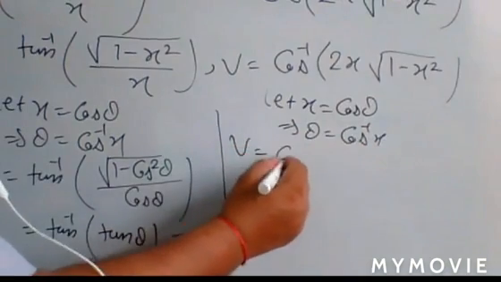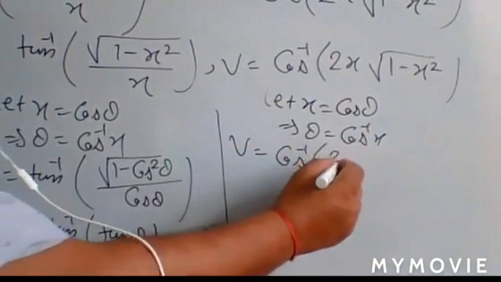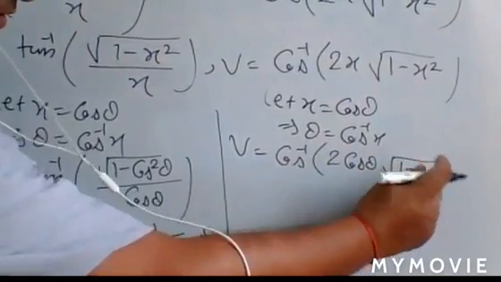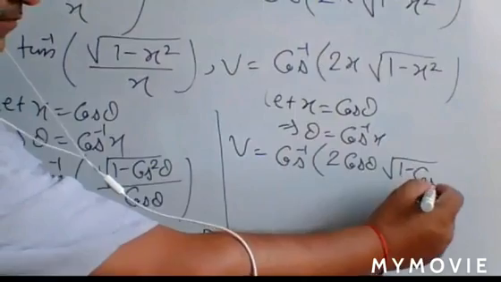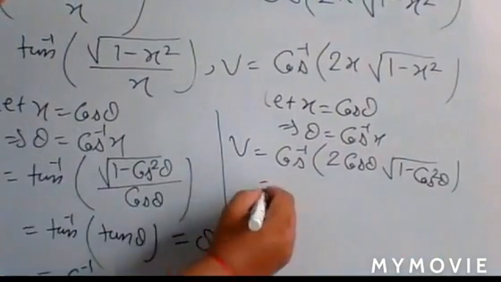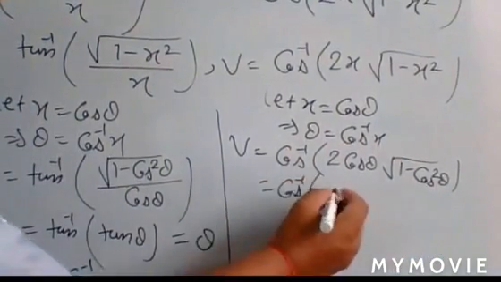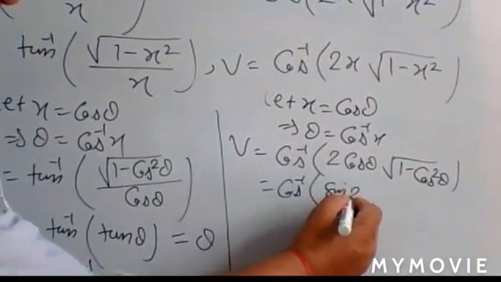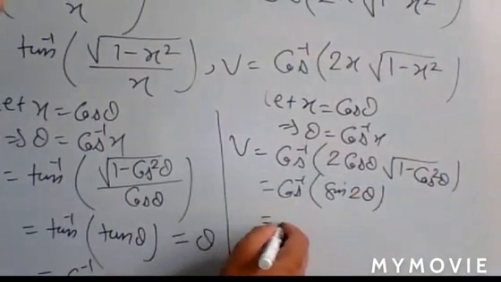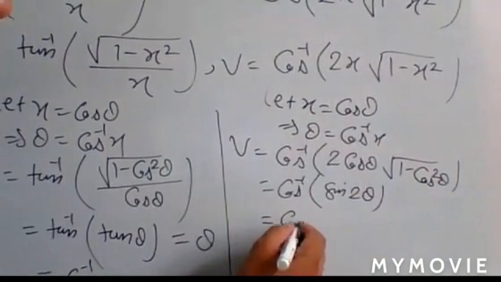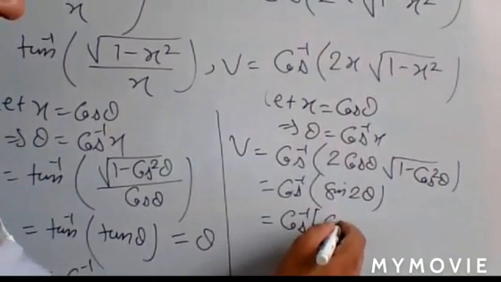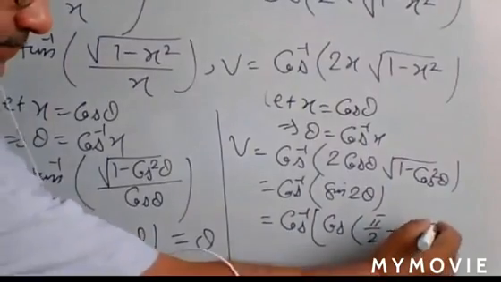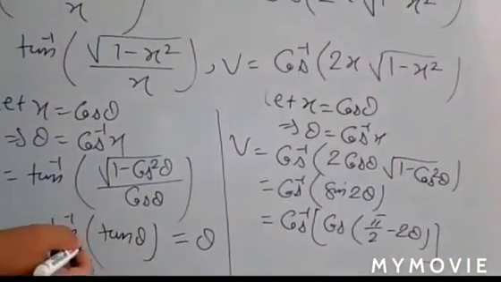So the value of v is cos inverse of 2 cos theta under root 1 minus cos square theta, and is equal to cos inverse of 2 cos theta, and here you have sin theta, which is equal to sin 2 theta, and is also equal to cos inverse cos of pi by 2 minus 2 theta.